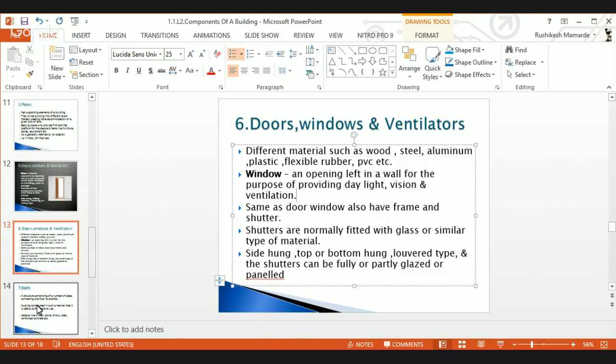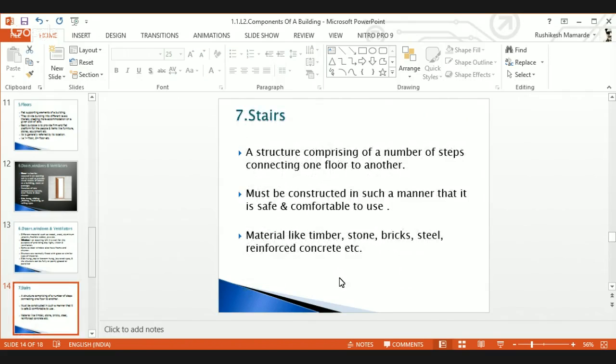Then the next is stairs. What are stairs? Everybody knows, a structure comprising a number of steps connecting one floor to another. It is nothing but a structure which connects two floors to each other. It must be constructed in such a manner that it is safe and comfortable to use, meaning the sizes of the stairs and the sizes of the steps.